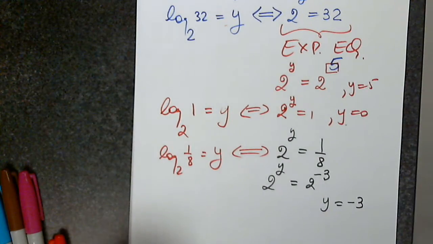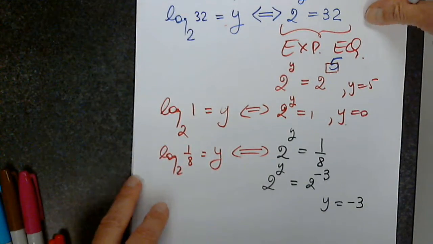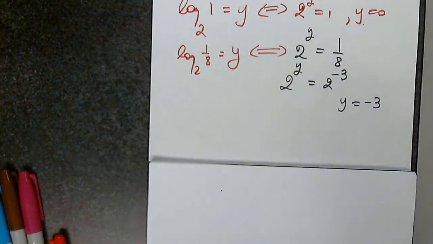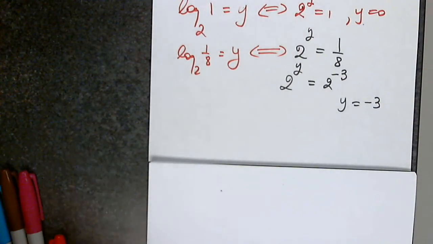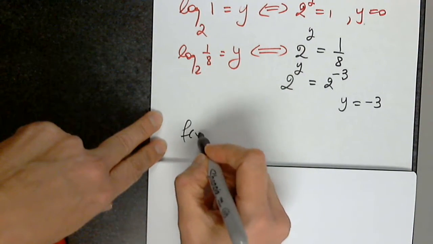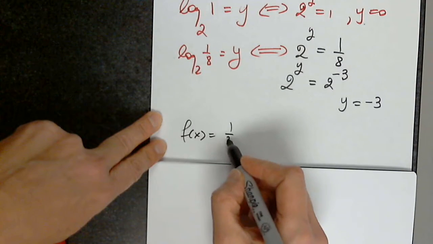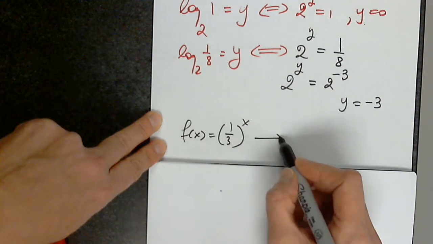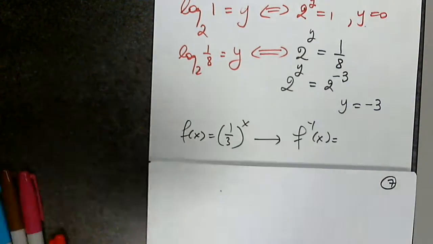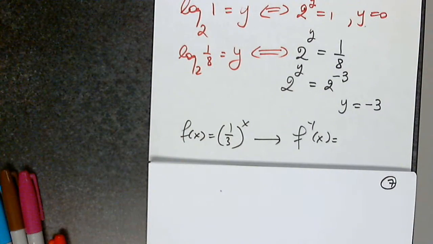So, of course, we have a different log function as the inverse function of any exponential. So if I say, here's the function (1/3) to the x, what would you say its inverse function would be? And remember, bases have to be the same.